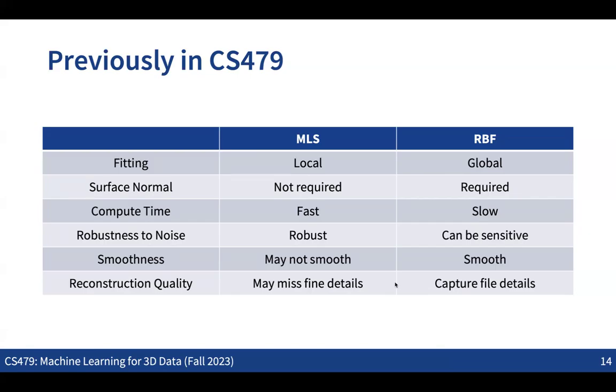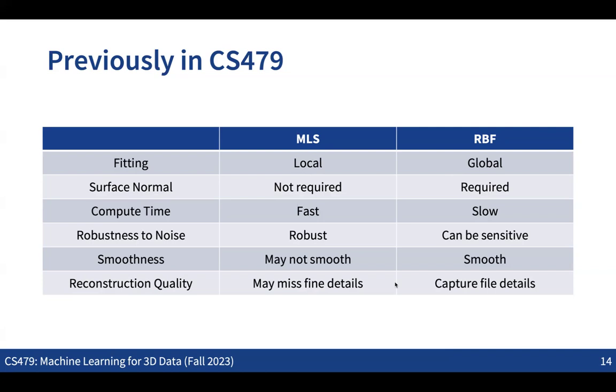Typically, when you want to achieve good quality of the implicit function, and you also assume that the input point cloud is very dense and noise free, the best way would be using the radial basis function, because it does some kind of global optimization.